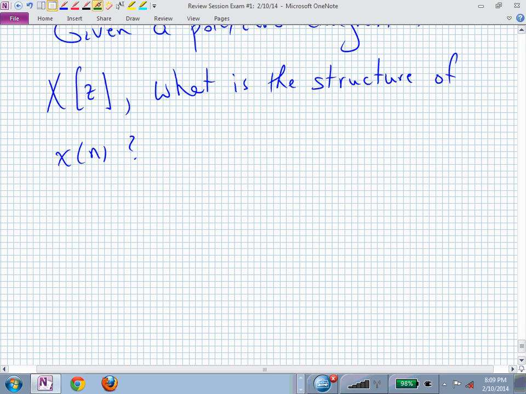So that now, suppose somebody gives you this. Let's say that we have two poles here, a pole here, a 0 here, and a 0 there.